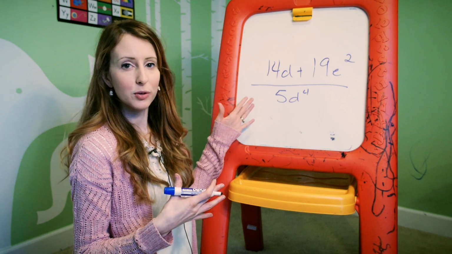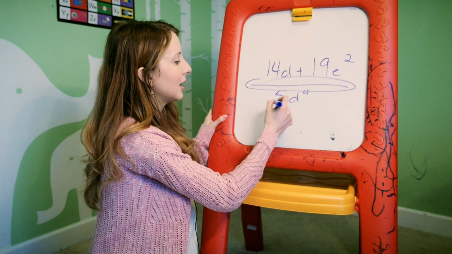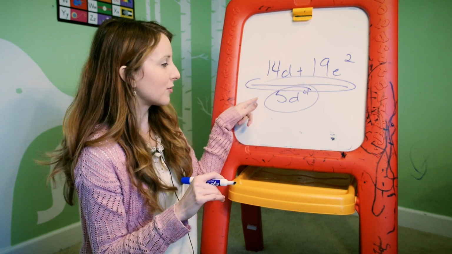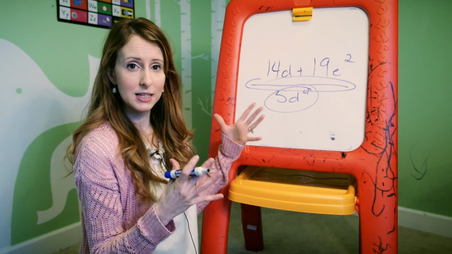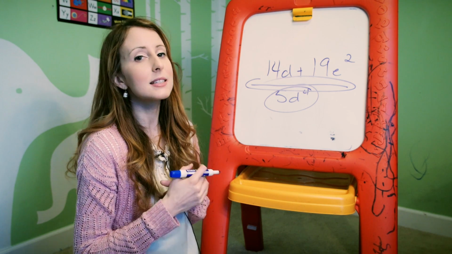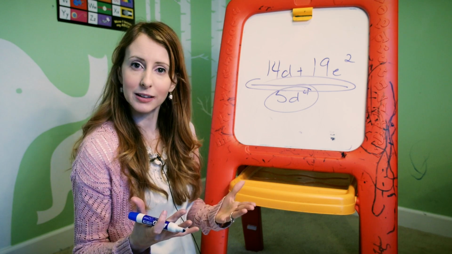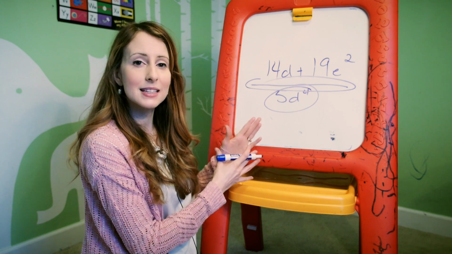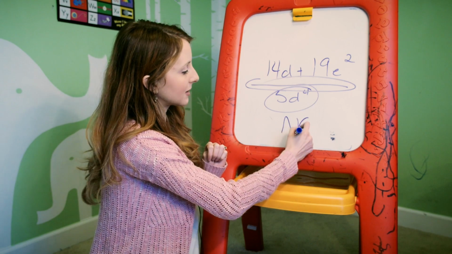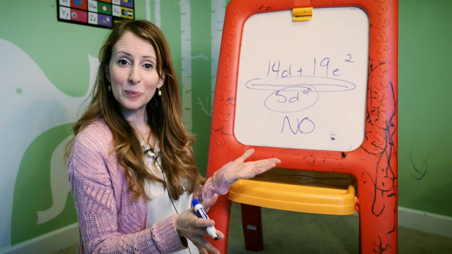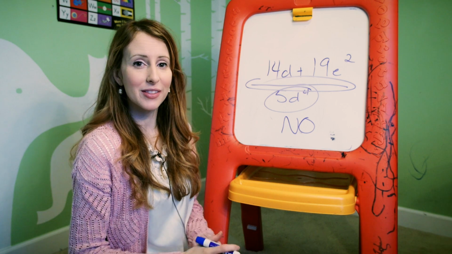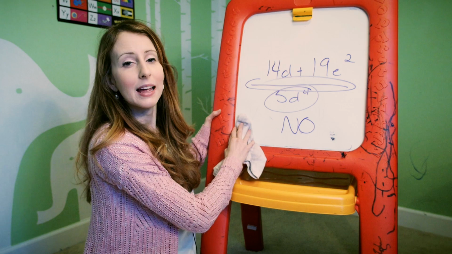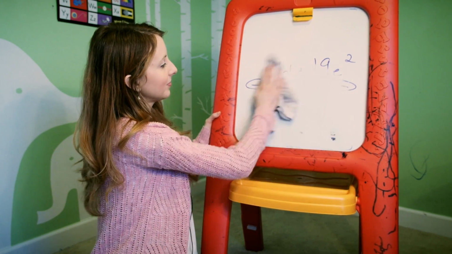So in this case, notice right away we've got a division bar, we've got a number in the denominator. So right away, the fact that there's division in this particular expression disqualifies it from being a polynomial. So in answer to the question, is this a polynomial, we get to answer with a big no. And we don't have to go any farther than that. We don't have to identify it as something more specific because it's not a polynomial to begin with.